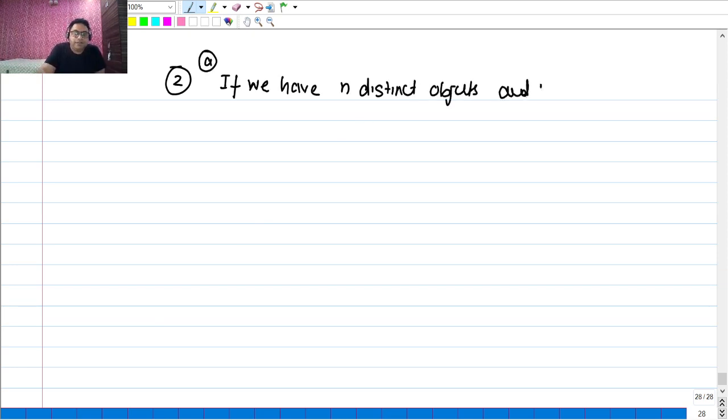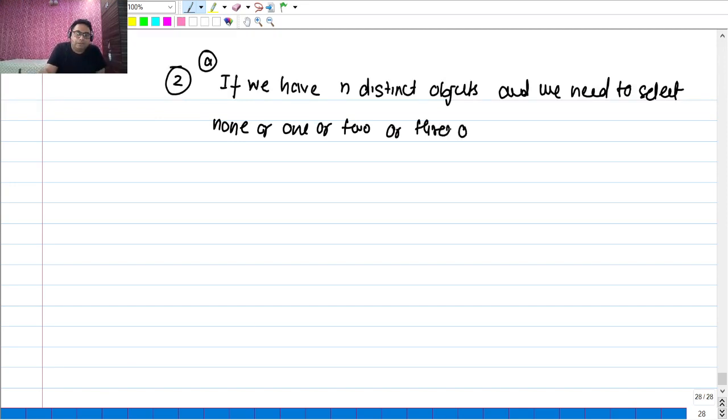and we need to select none or 1 or 2 or 3 or so on, or all, then the number of ways are: n distinct objects.